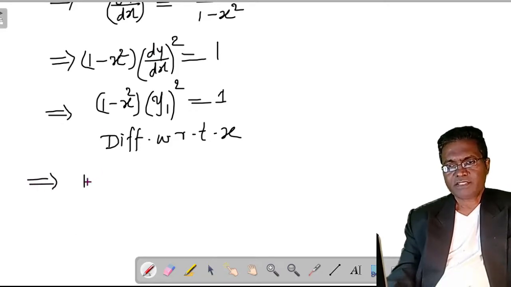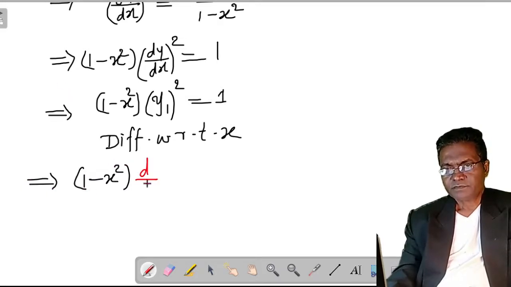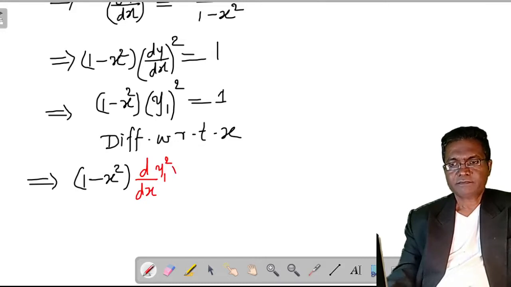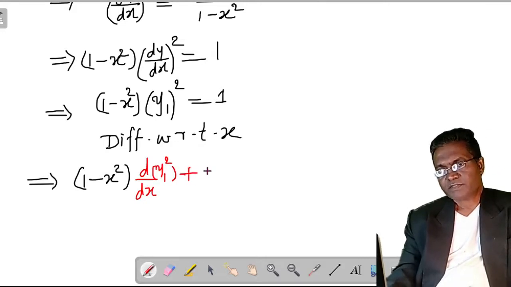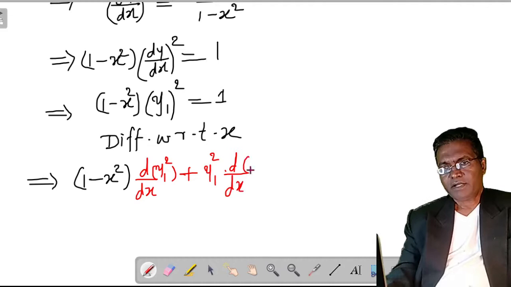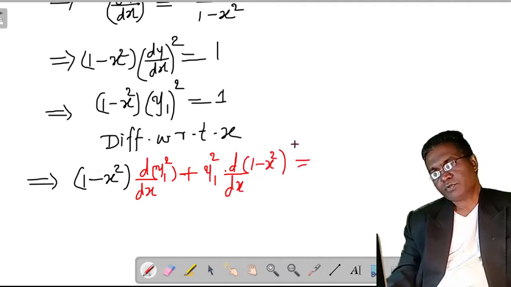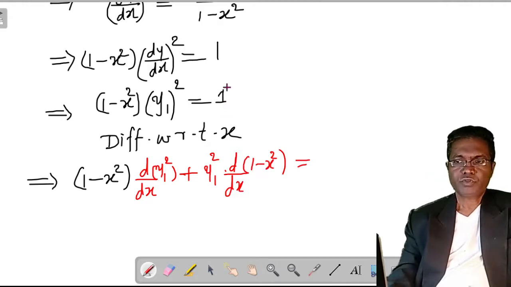So 1 minus x square, first term as it is, product rule you need to apply. I will write in detail. d by dx of second term, that is y1 square, plus y1 square, this second term as it is, d by dx of 1 minus x square. Derivative of right hand side is 0 because 1 is a constant.